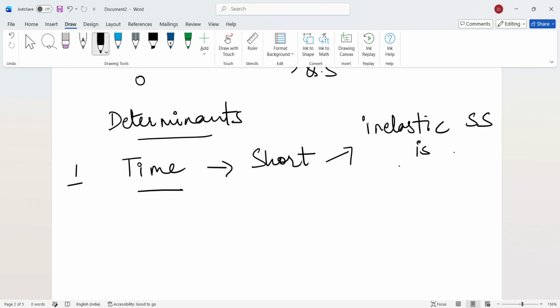supply is. If you have a very short period of time as a producer, you really cannot change your supply because you will not be able to arrange all the resources in that short period. But if you are given a longer period of time, where you can fetch all the resources you want at a reasonable rate so that your cost doesn't go up, then obviously you have a more elastic supply.